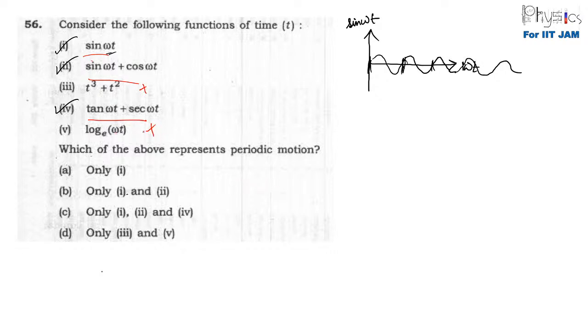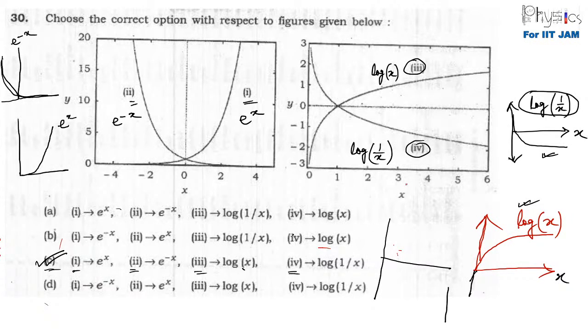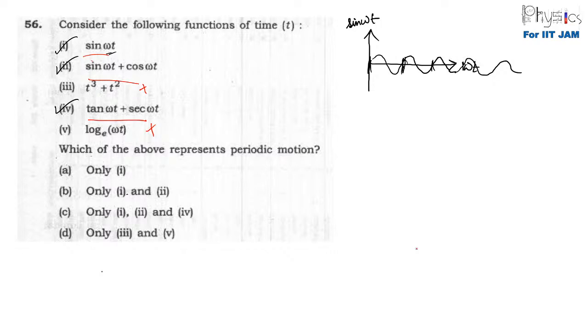And the graph for log omega t is similar to the previous one, which is not periodic in nature. So I hope you can now understand why option C is our correct answer. That is, only 1, 2 and 4 represent periodic motion. Okay, is it clear to everyone?